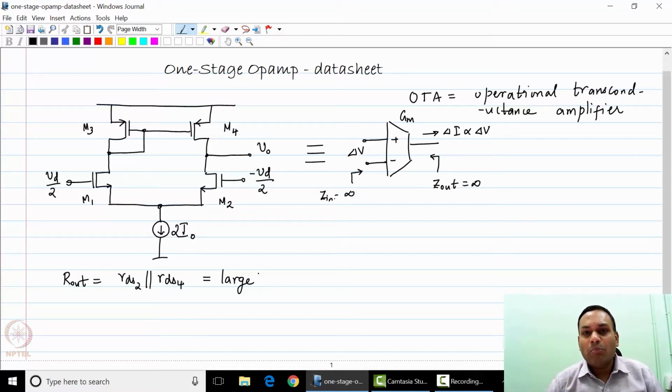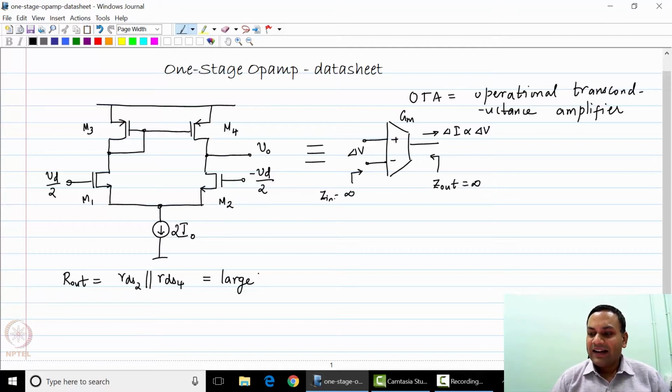Normally, most CMOS op-amps do not necessarily have this property. The reason why this property is not needed is because many op-amps end up driving capacitive loads, where the low output resistance does not matter too much.